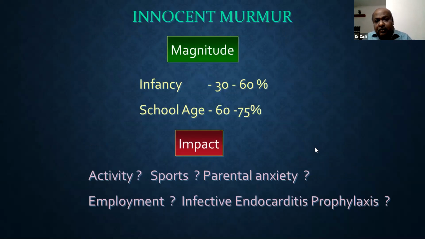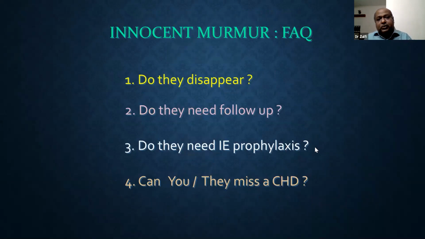The magnitude of innocent murmurs is such that even half of infancy will have some sort of a murmur, maybe a little more at school age, and it definitely has an impact, especially if the parents are concerned regarding activity, sports, and parental anxiety. These 4 questions invariably crop up when you interview the parents. Do they disappear? May not, but no harm will be done. Do they need follow-up?